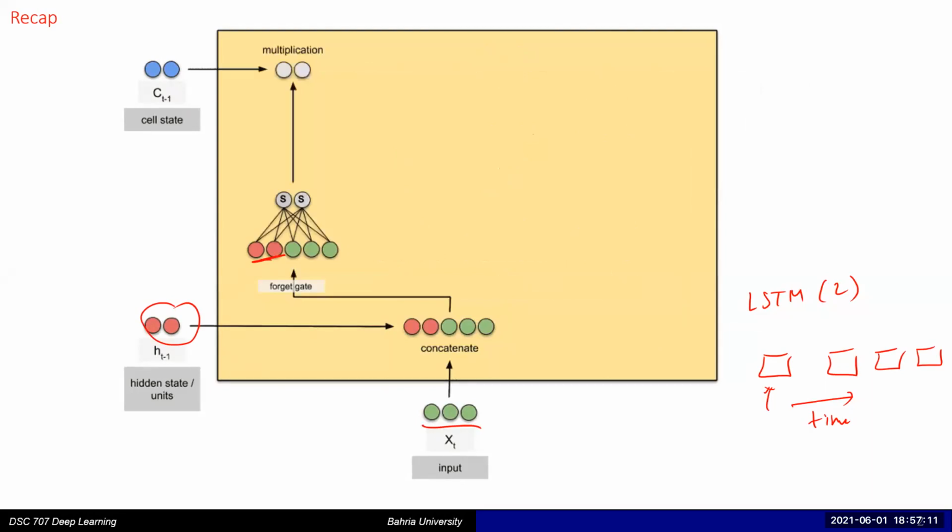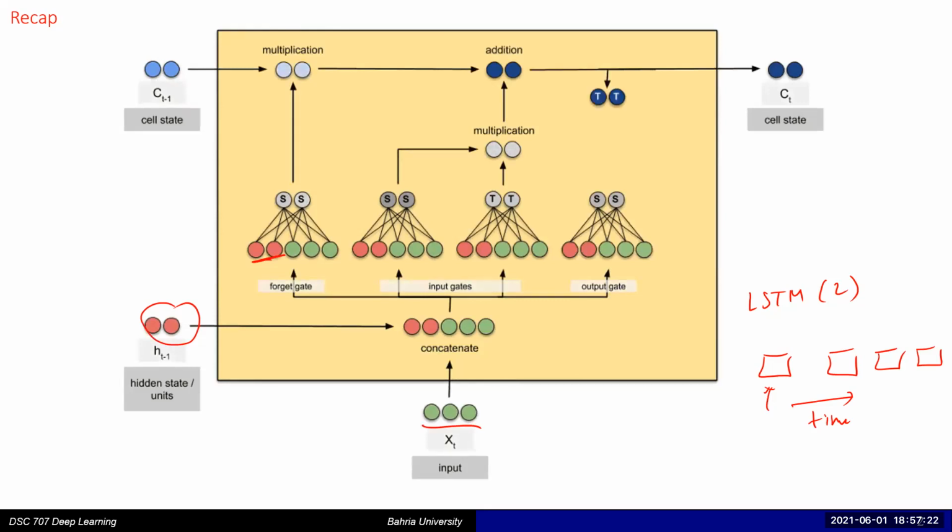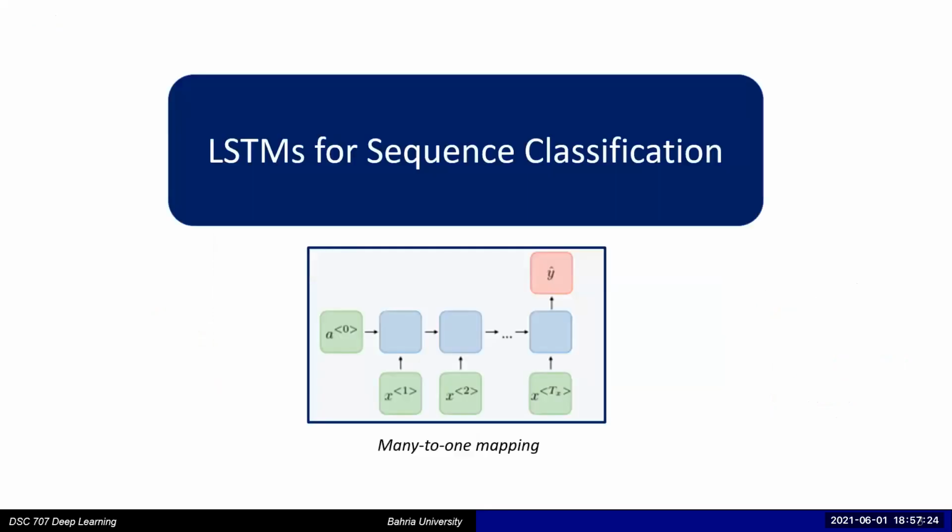Within one box, how many hidden neurons you have; how many boxes you will have depends on the length of your sequence. This is very, very important because I have come across many situations where this confusion arises among the students.